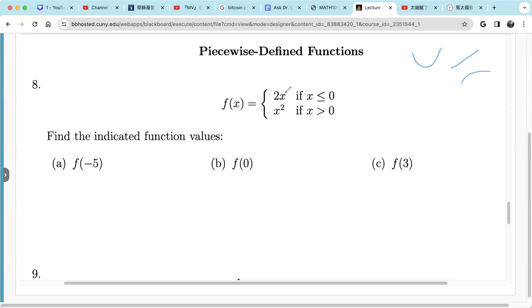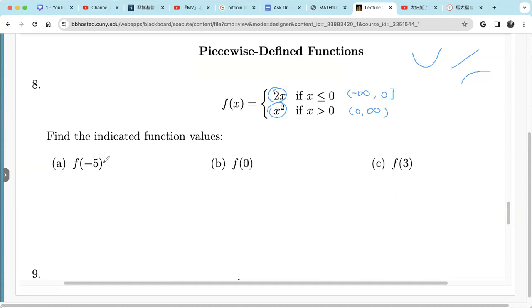This is piecewise, so I have two pieces here. One piece is defined from negative infinity up to 0, including 0, as 2x, a linear function. But if x is bigger than 0, it's defined as a quadratic.